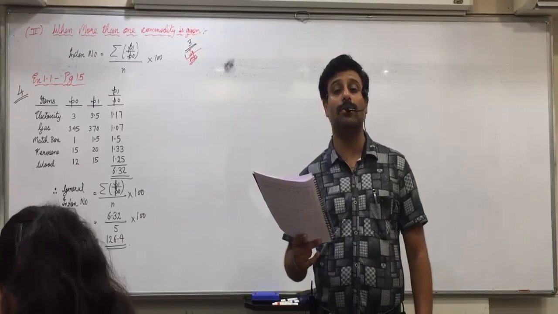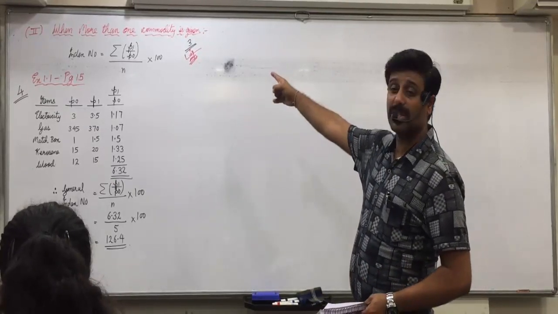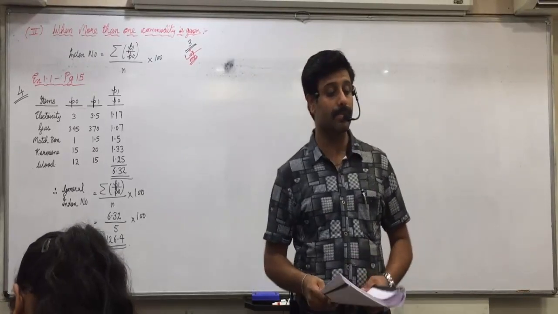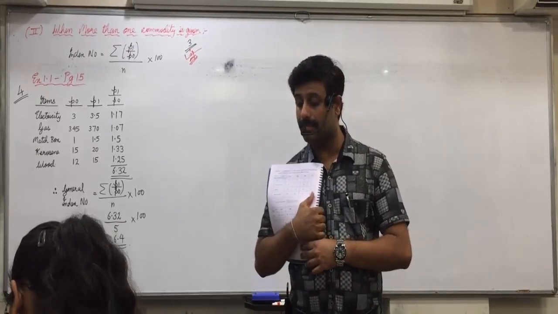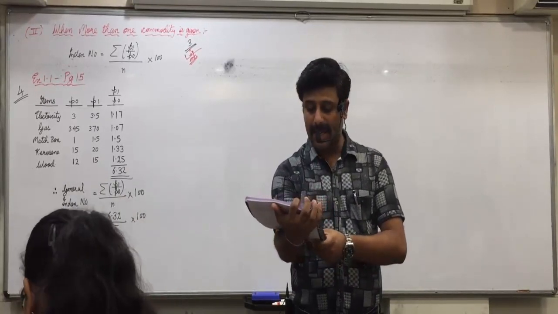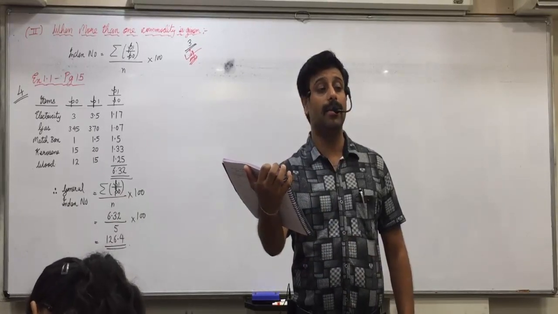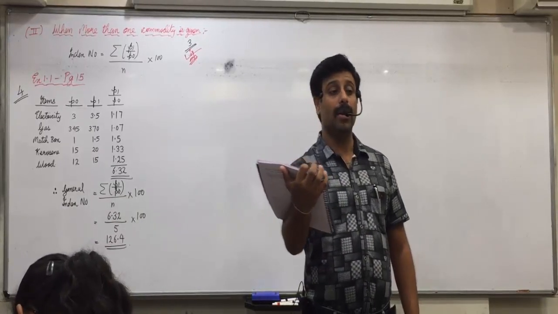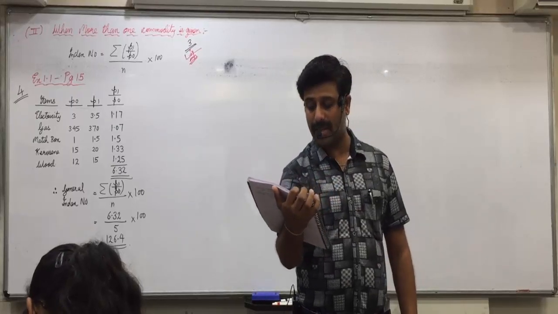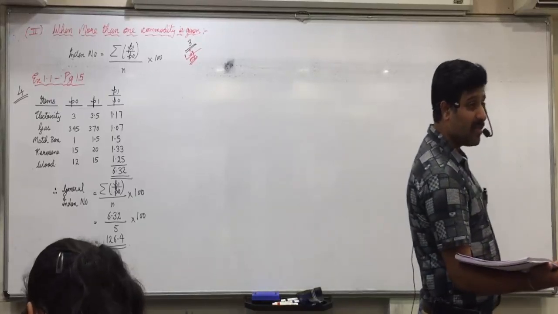Same page 15, exercise 1.1, question 3. I am reading it once again, be attentive. The following data are obtained about the annual average prices of wheat, rice and sugar in the wholesale market of a city.